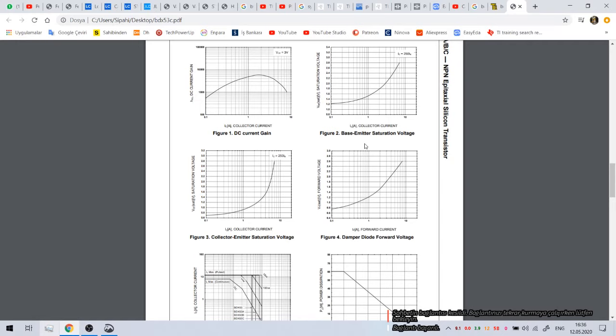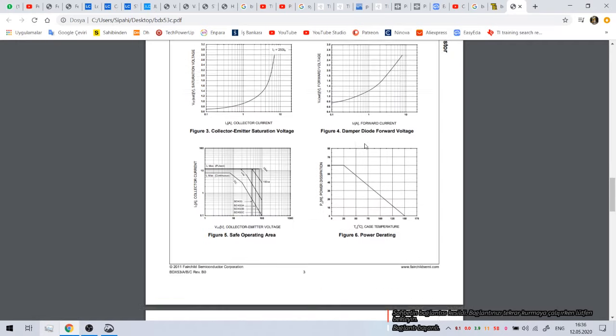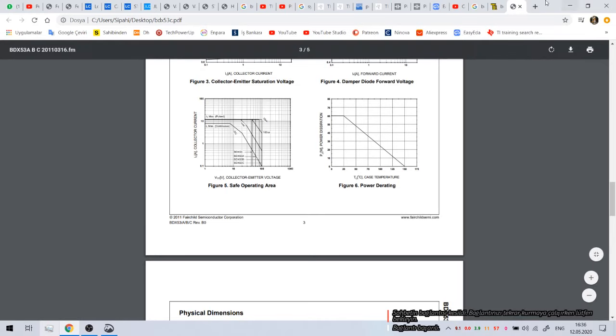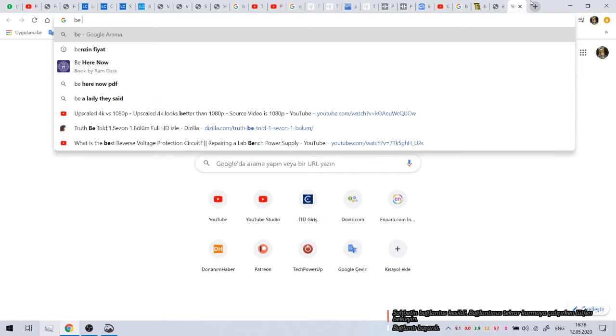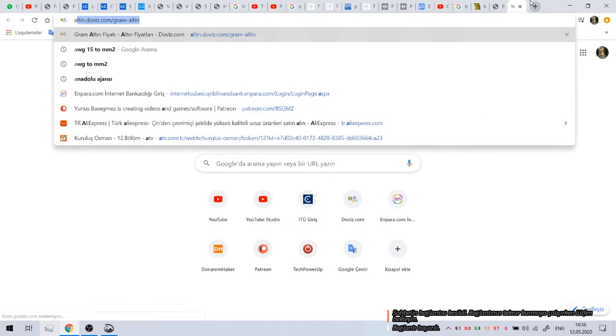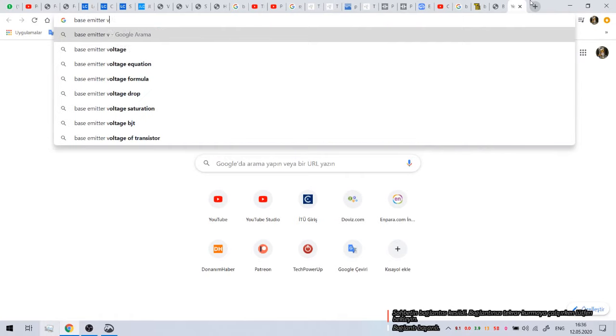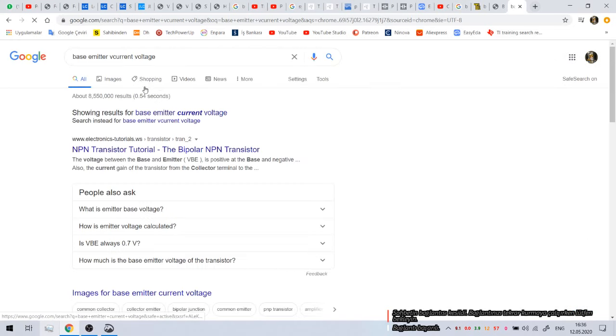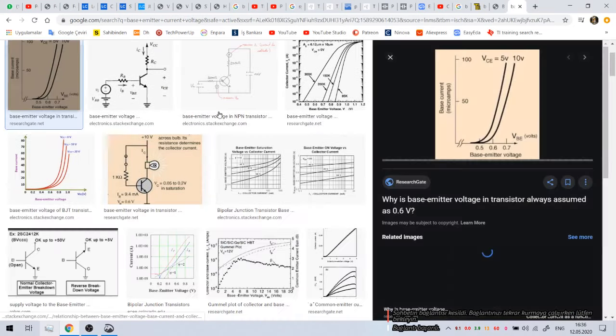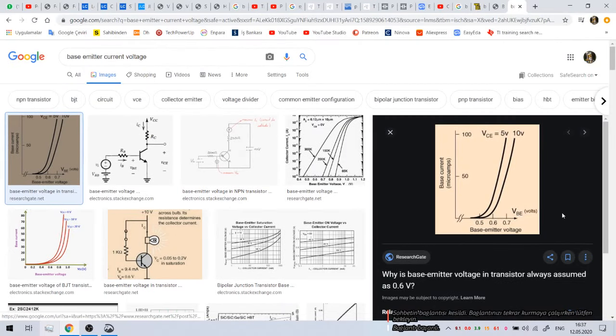Base emitter saturation voltage. You can see here base emitter voltage and current behave like a diode, and it will increase immediately after a certain voltage like 0.6 volt, 0.7 volt, so that we cannot use this linearly, and this is bad for op-amp.